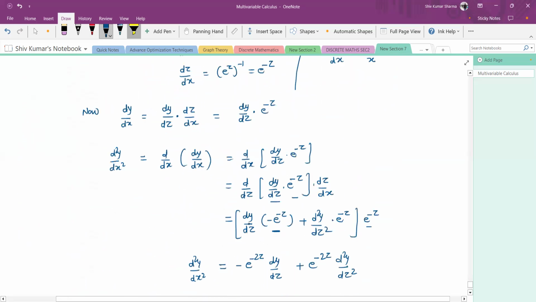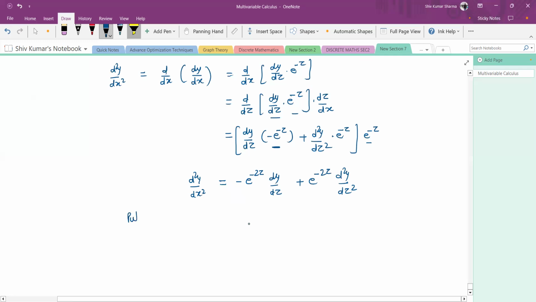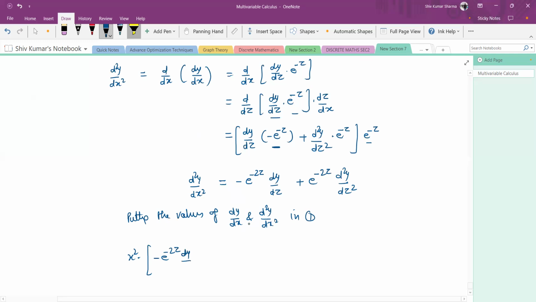So putting the values of dy upon dx and d2y over dx square in equation 1, we have x square into d2y over dx square, which is e raised to the power minus 2z into dy upon dz plus e raised to the power minus 2z d2y over dz square, plus x dy upon dx, which is dy by dz into e raised to the power minus z, plus y is equal to 0.